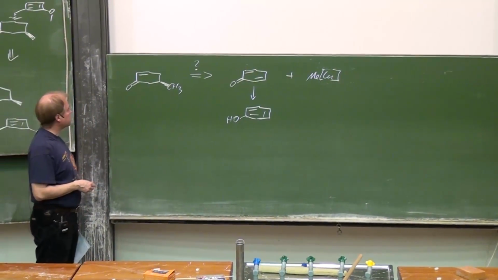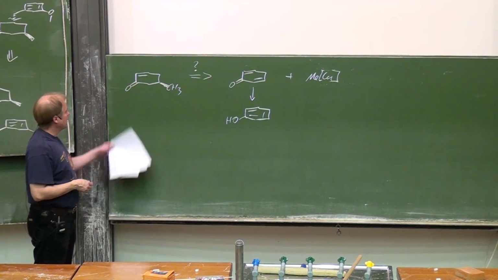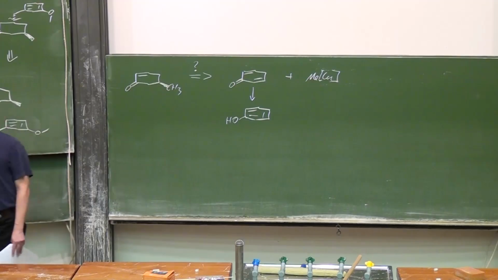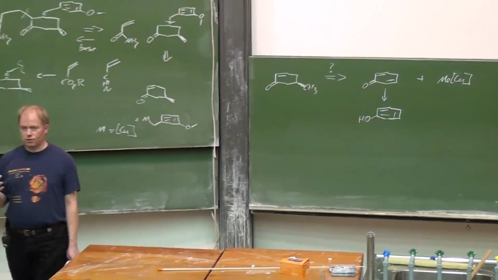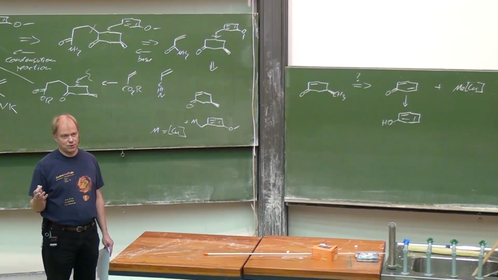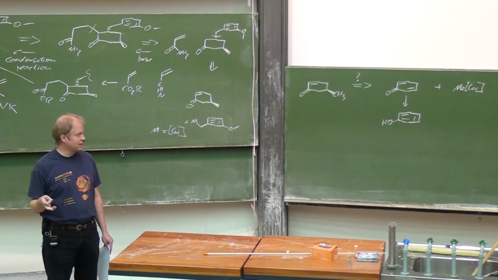So how should one analyze the synthesis of that molecule? Well, this is so simple. You can be sure that someone has synthesized it and has published it, and so in that case I would just have a look in SciFinder and figure out how they did it, yeah?